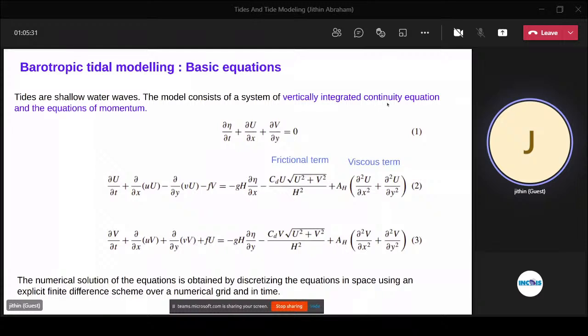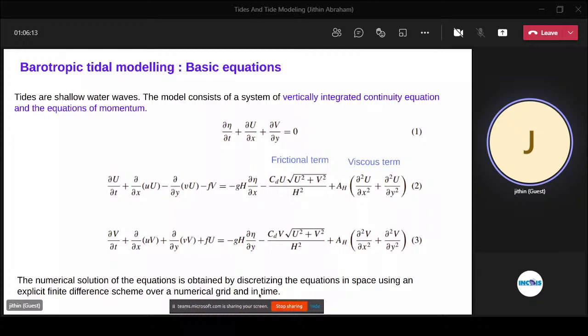The first term represents the rate of change of the U component of the current, these two terms give the advection terms, and Fe represents the Coriolis term. The first term on the right hand side represents the pressure gradient, and this is the frictional and viscous term. The numerical solutions of these equations are obtained by discretizing the equations in space using an explicit finite difference scheme over a numerical grid and time.